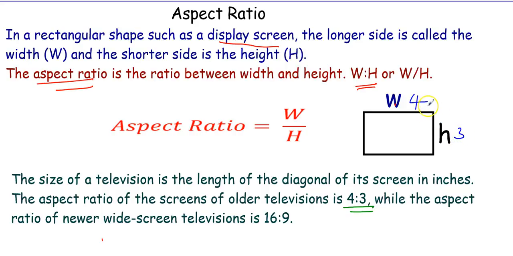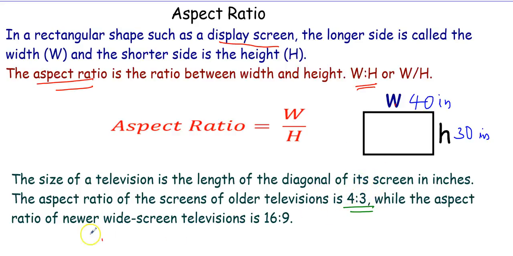Yes, so for example, if I say 40 inches is the width of the screen, then its height is 30 inches. The ratio is still 4:3. That's how these televisions were manufactured in the beginning.